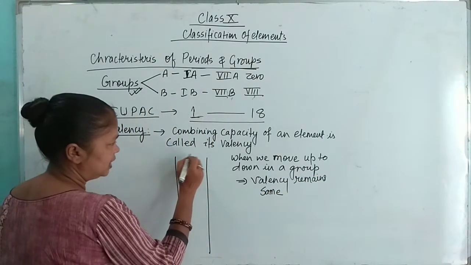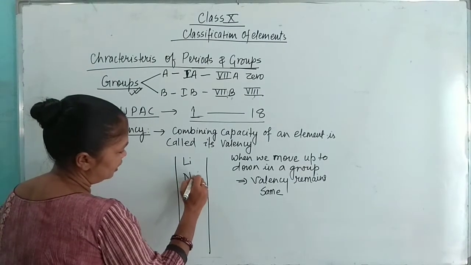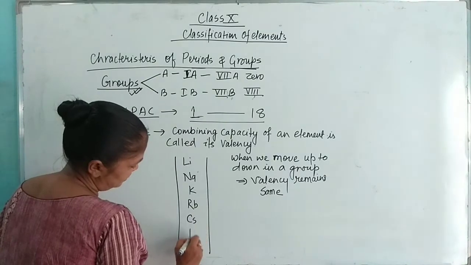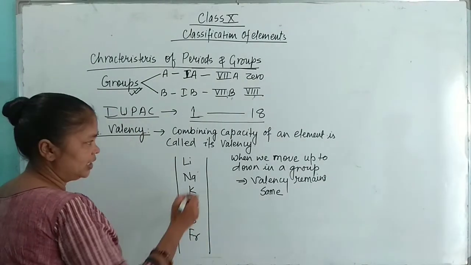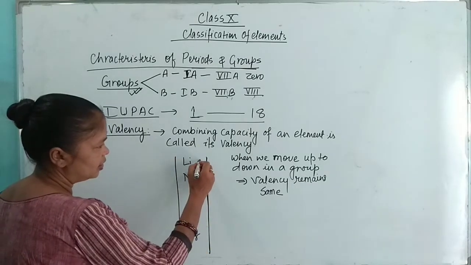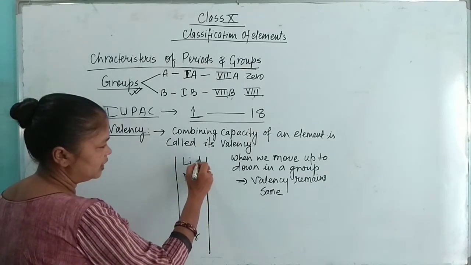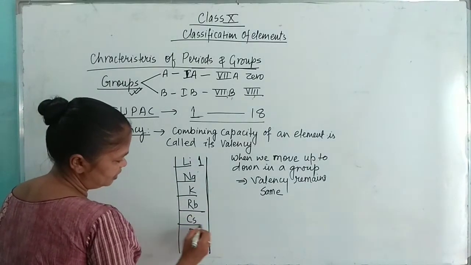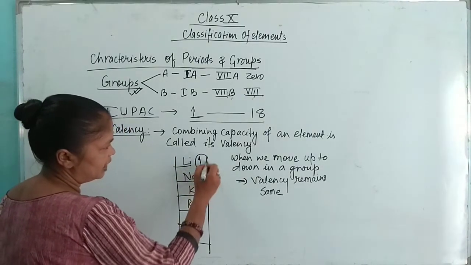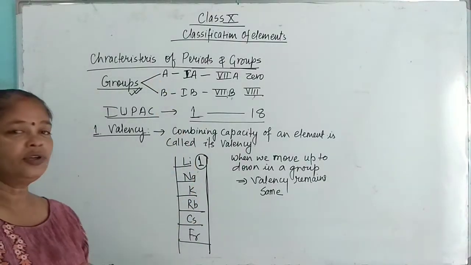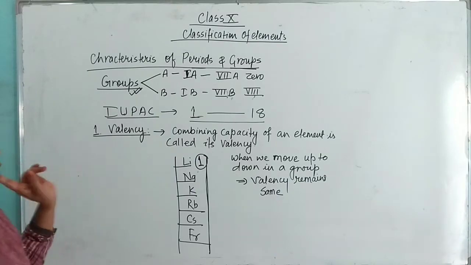If it is lithium, sodium, potassium, rubidium, cesium and francium, the valency of all these elements is 1. Either it is lithium, sodium, potassium, rubidium, cesium or francium, the valency is 1. So valency remains the same when we move up to down in a group.